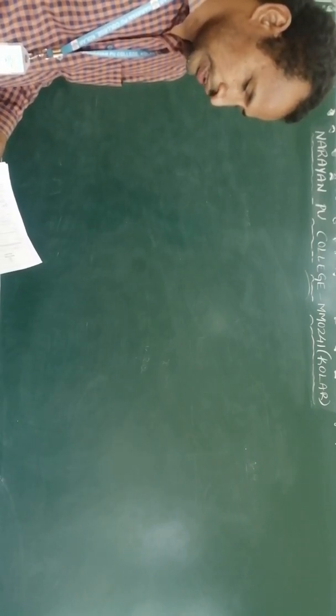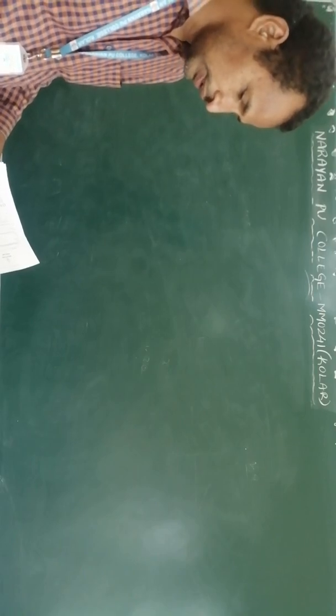Now the outer shell is connected to the earth. This one has charge plus Q, this is 0, this is plus Q. Actually A is correct.